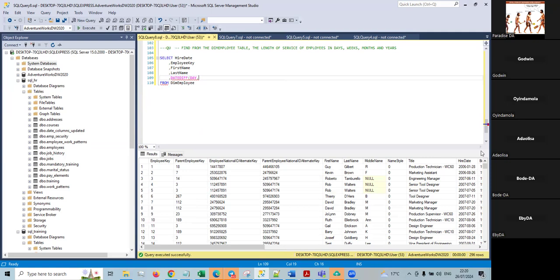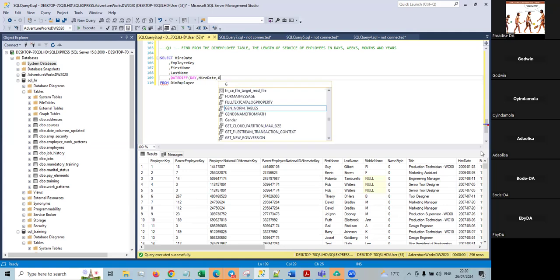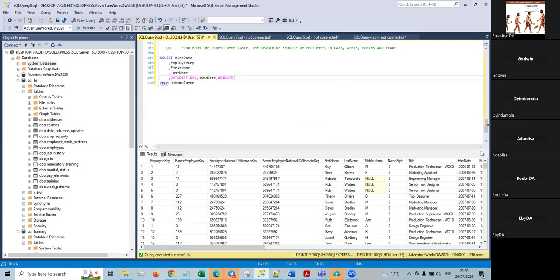So hire date, and today. This here would give us the length of service of the employees in days. Length served in days.